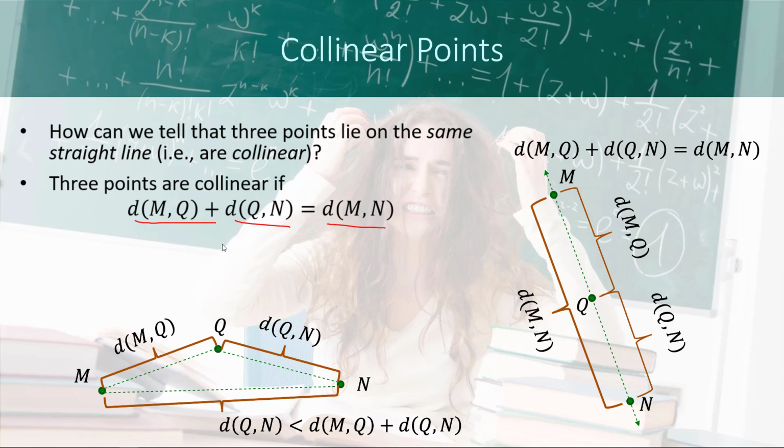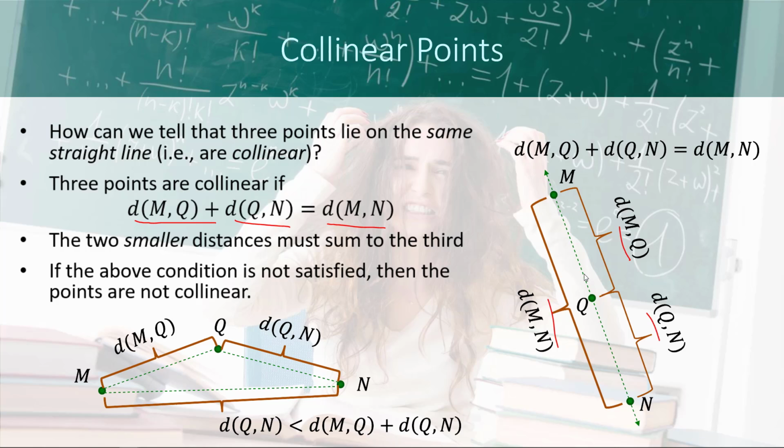If the sum of the two shorter distances is greater than the longer distance, then they are not collinear, and there's no way the two shorter distances can actually be less than that, or that just simply wouldn't work out. So if we have 3 points, and once again, if this distance and this distance add to this distance, they are collinear. If they don't, then they're not.